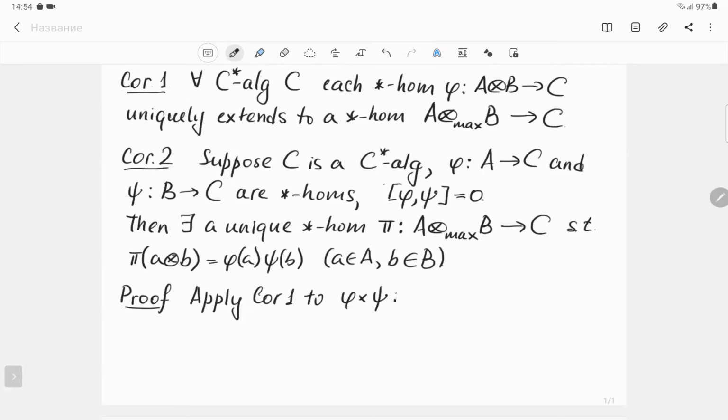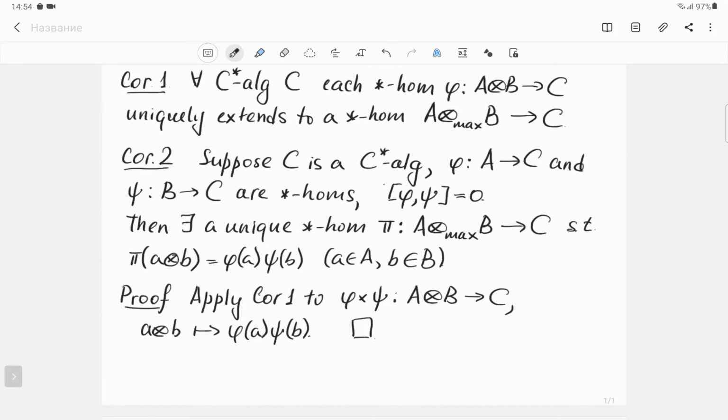This is the homomorphism from the algebraic tensor product of A and B to C, and it is uniquely determined by the following formula. Since the images of phi and psi commute, it follows that this map is indeed a star homomorphism. So we just apply corollary 1 to this homomorphism, and we get the required extension to the maximal tensor product.